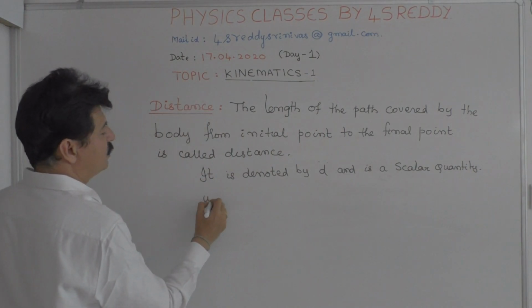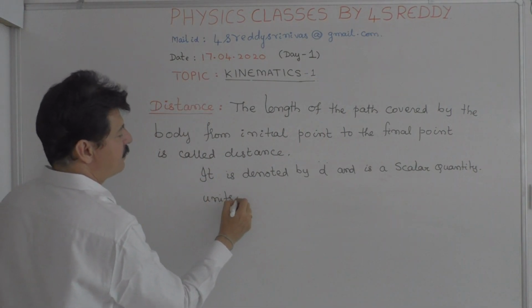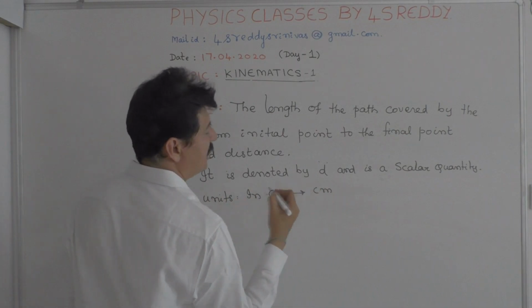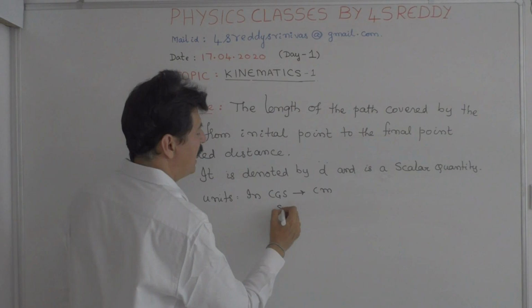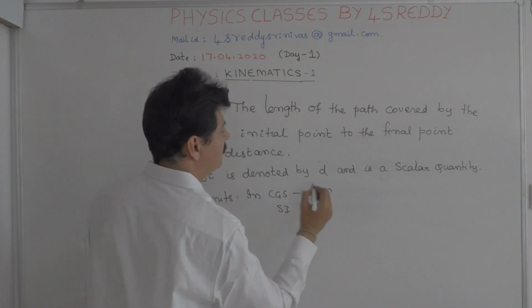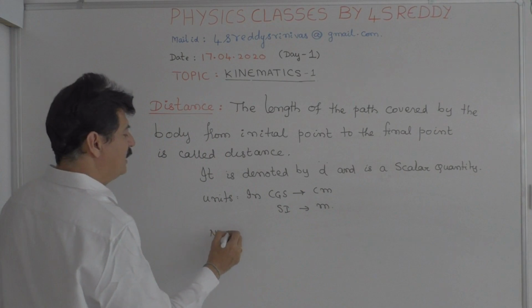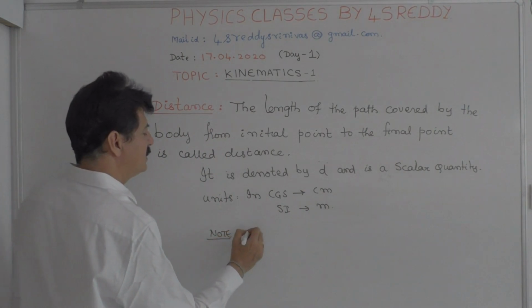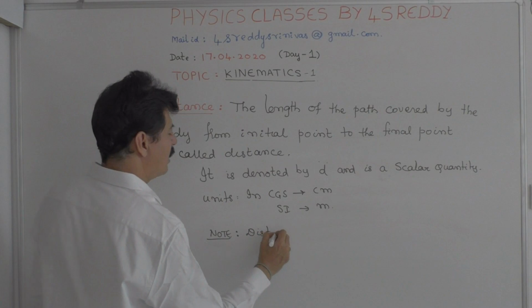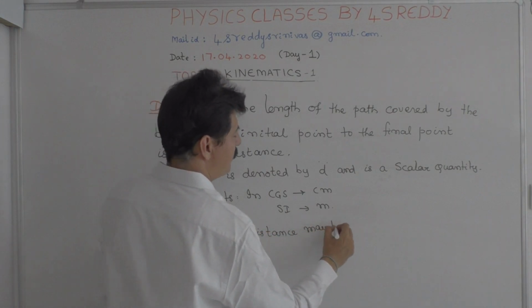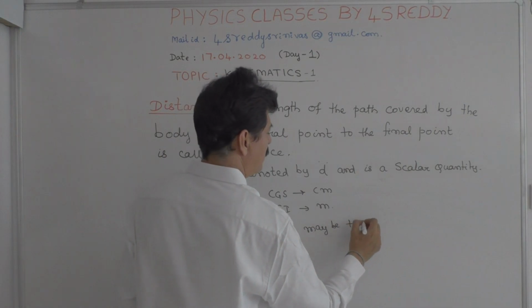Here, units: in CGS, it is related with length, so it will have the unit centimeters, and in the SI system it is meters. And a very important point to note is that distance may be positive or 0.